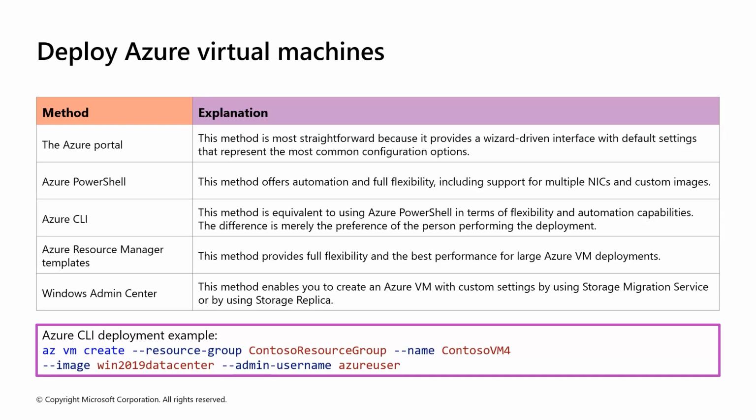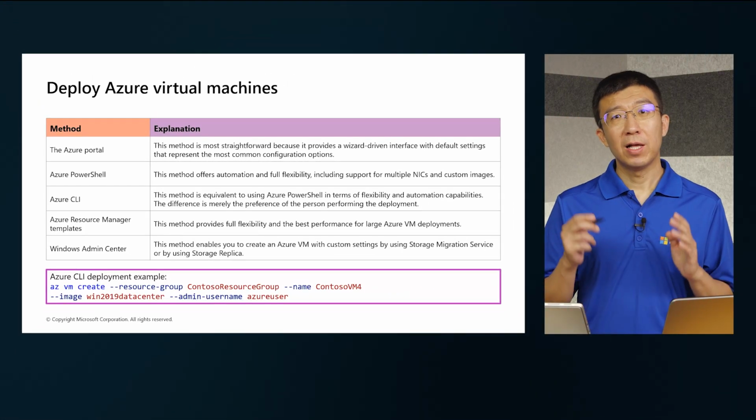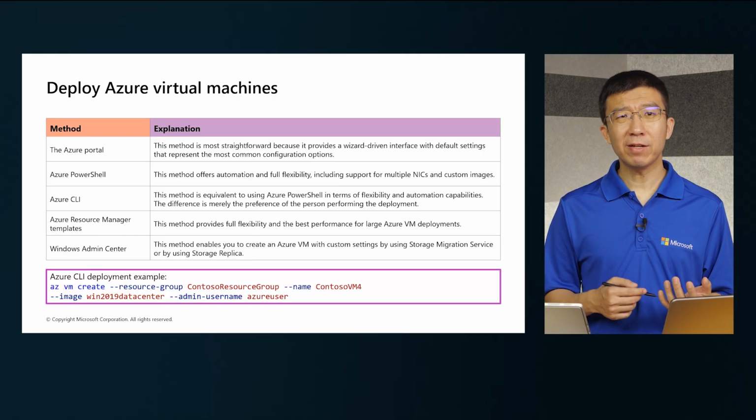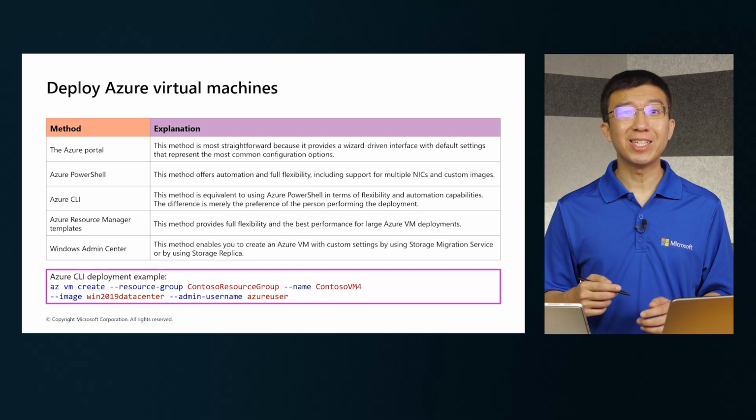Azure Resource Manager templates are best for large deployments and automation. And Windows Admin Center, custom settings and migration tools. Remember, Azure virtual machines use predefined sizes, so you select from available options rather than customizing every detail.